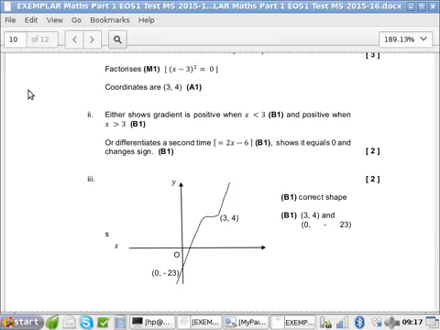Yes, this is what I was worried about. What I was worried about was that you couldn't use what it seemed like you were supposed to use, which was the second derivative is equal to 0. What you had to use was a graph.